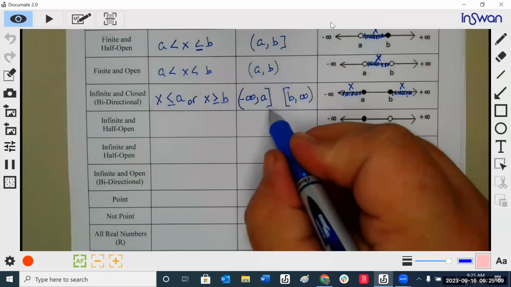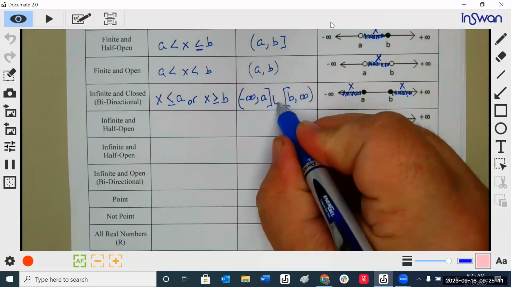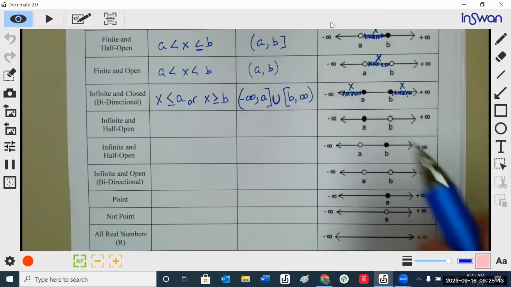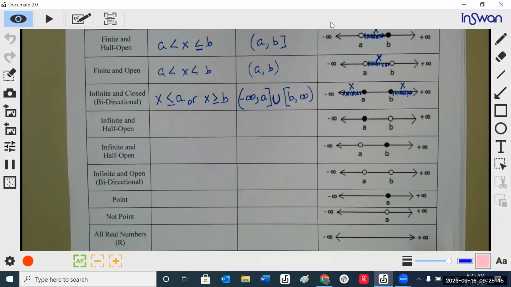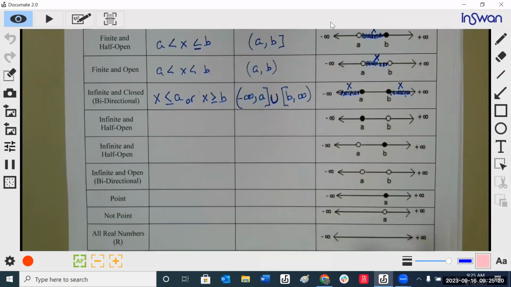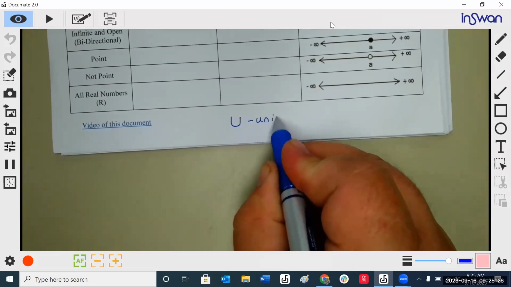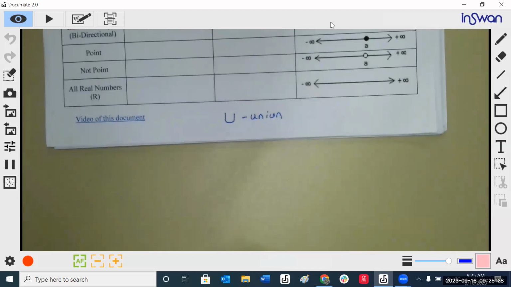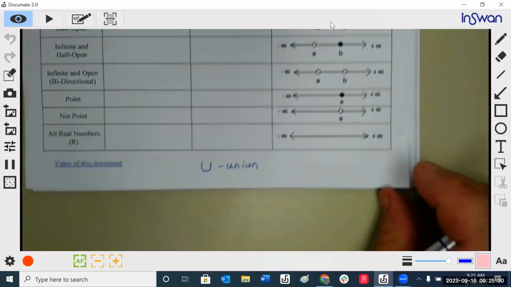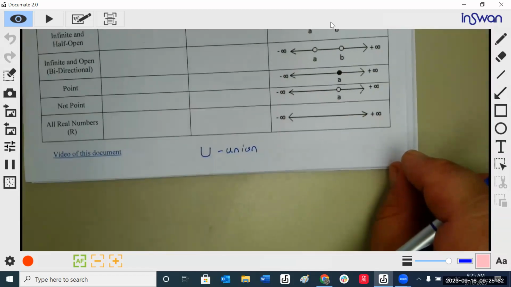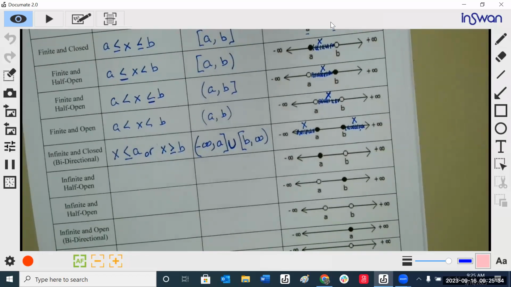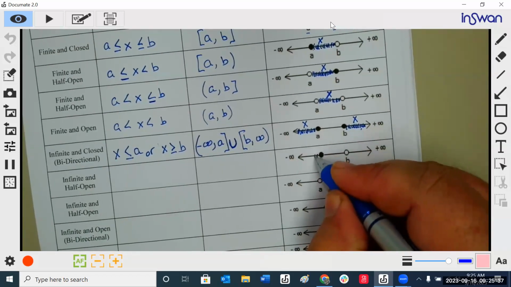In interval notation, we use the U for union. The U stands for union because it's combining those two possible answer sets. So let's do the next three the same way.